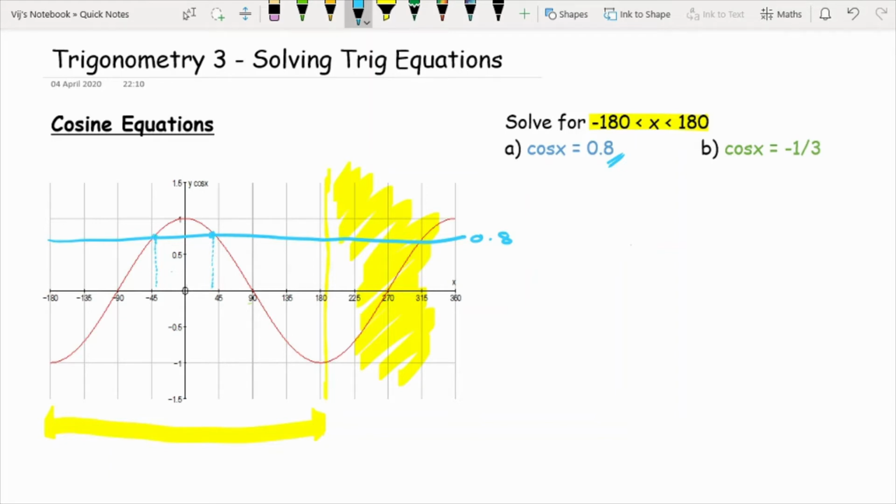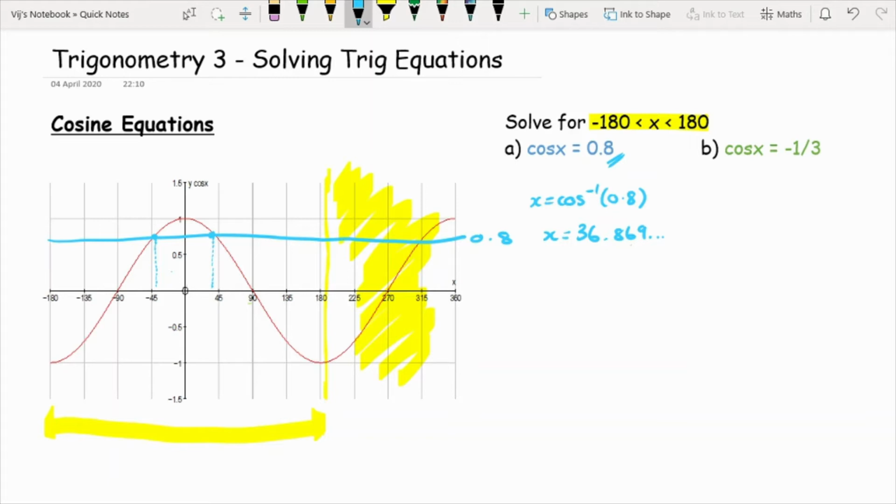Now what I need to do is use my calculator to work this out. So if I do x equals the inverse cos of 0.8 and type that into my calculator, the value that I get is 36.869, and that continues.